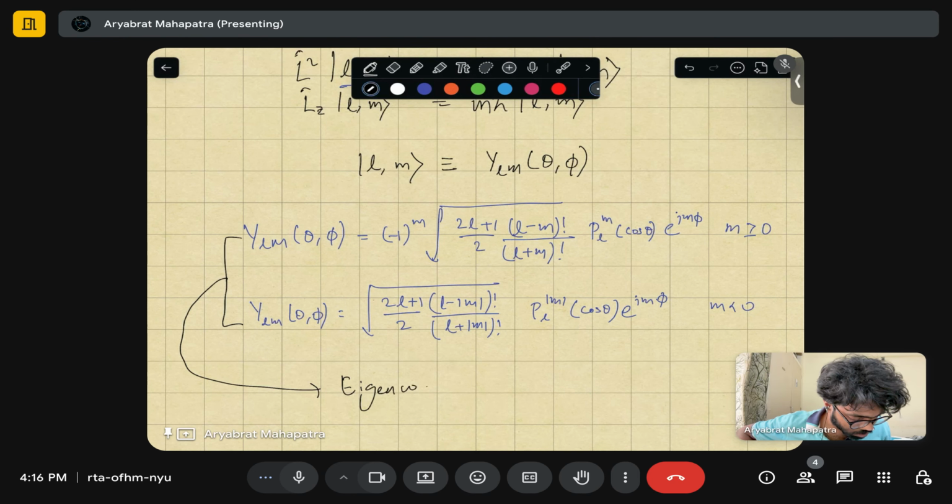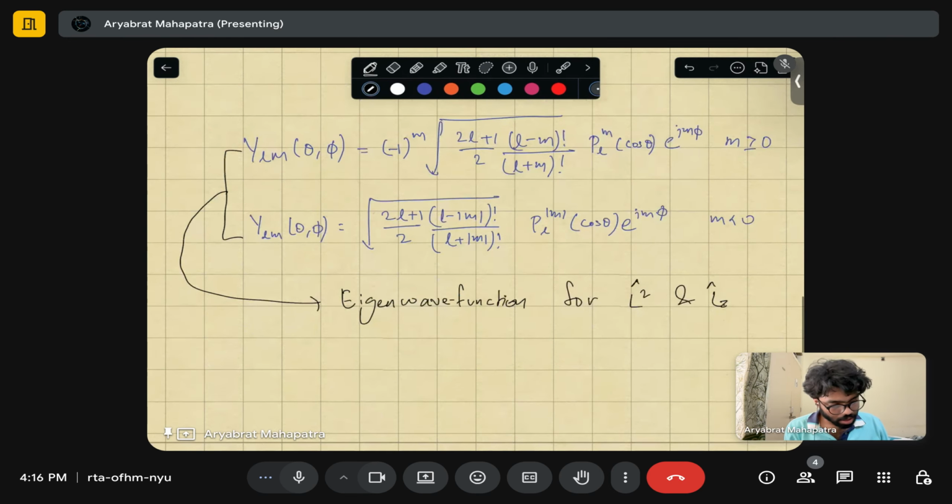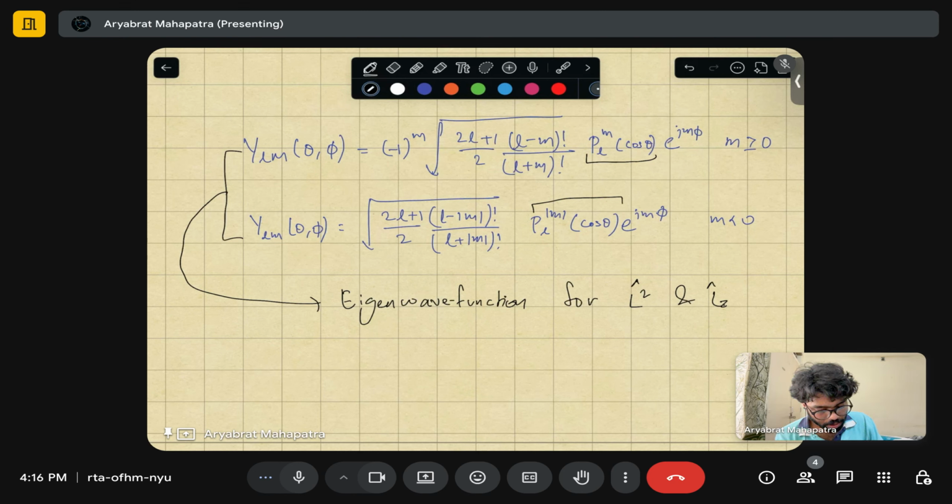The eigen wave functions for the L square and Lz operators. Here, these are associated Legendre polynomials.